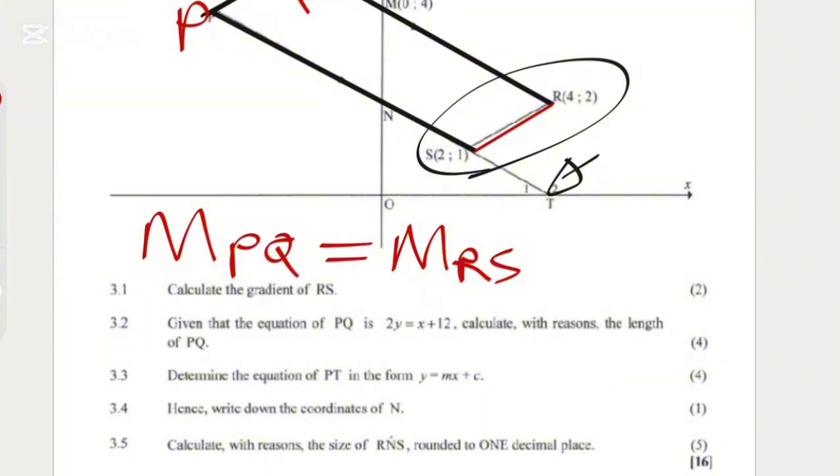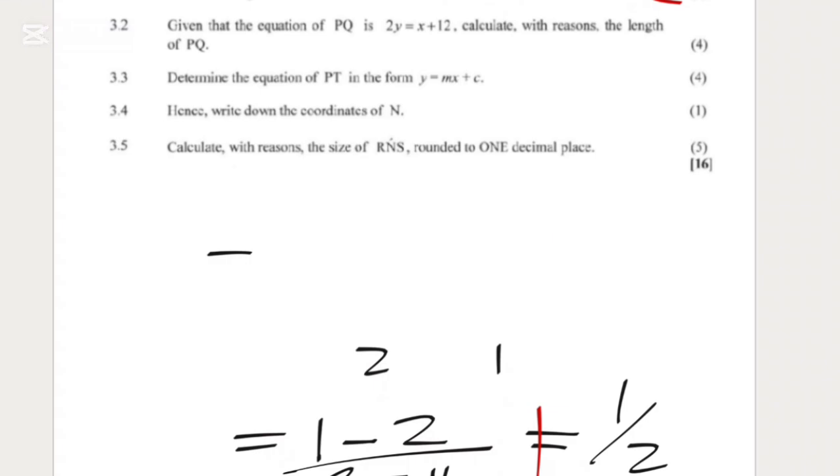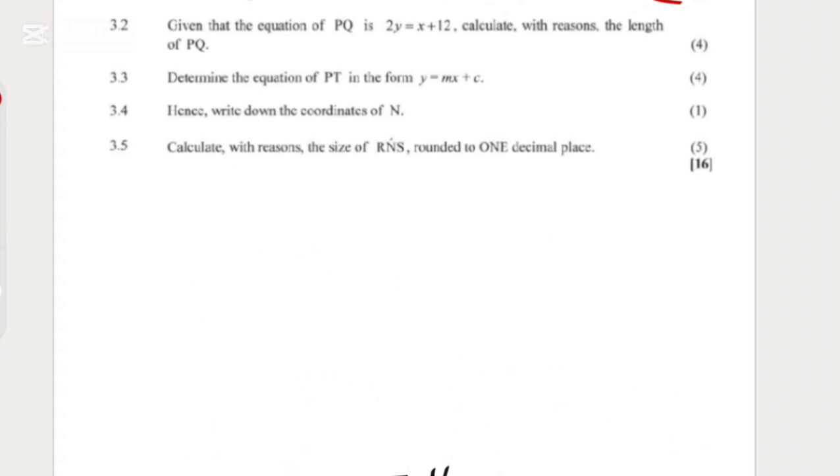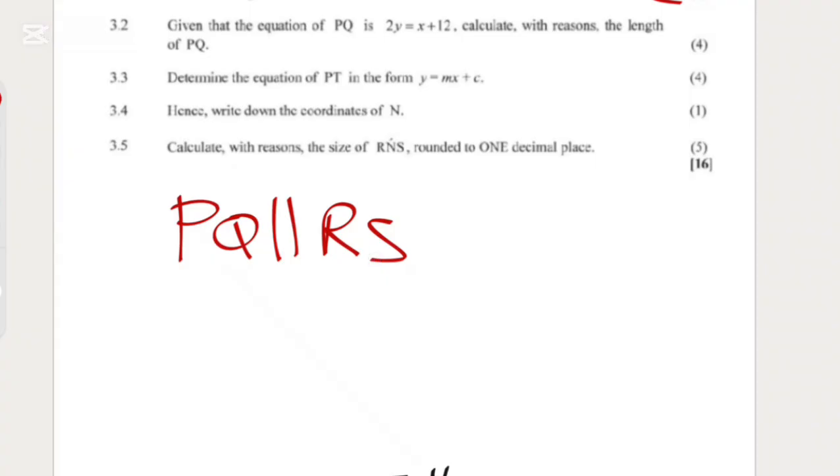Why is that equal? Because we just calculated it and it's 1 over 2. So that will make these two lines parallel. So this means that line PQ is parallel to line RS. You see?